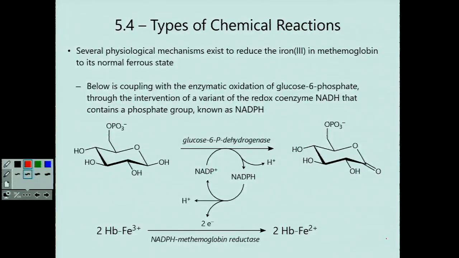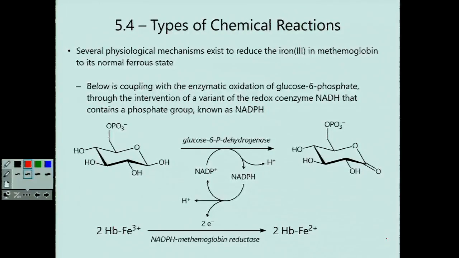So the coupling of these two reactions: the first one converts glucose to an oxidized version of glucose that can then be utilized for other things. That produces NADPH. The NADPH can then be reutilized to do the real task at hand here, which is to take the iron 3 and reconvert it to iron 2, which the body needs in order to be able to carry oxygen. So this is one mechanism.